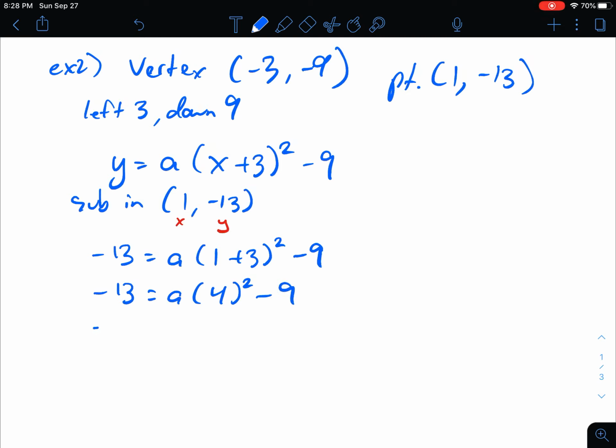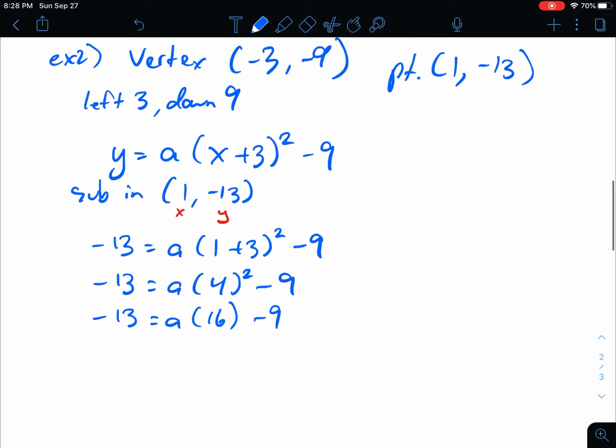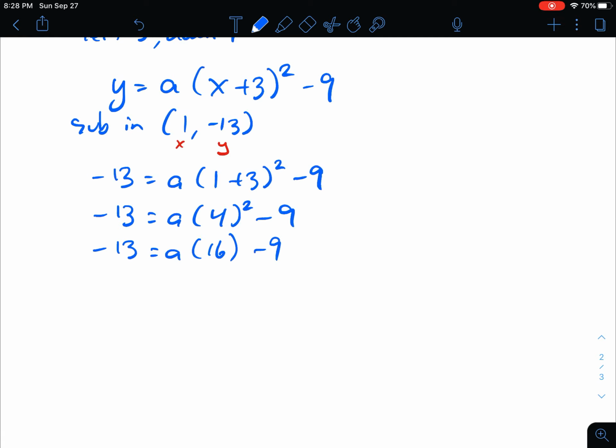Let's square this: 4 squared is 16. I'm going to bring the -9 to the left side. It becomes positive. Everything else stays the same. And -13 plus 9 is going to be -4. And I'm going to divide both sides by 16 to get the a by itself.